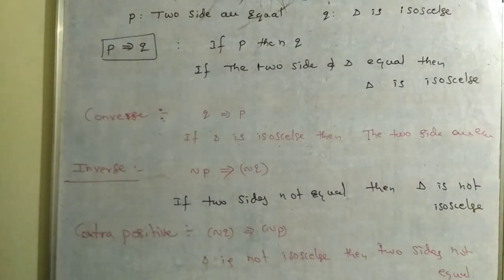Since the triangle is not isosceles, the two sides are not equal.